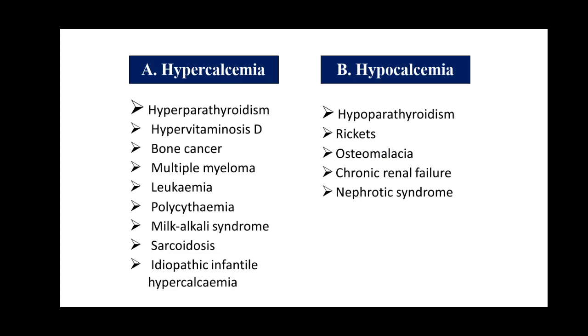So in hypercalcemia and hypocalcemia, if the level of calcium increases, it's called hypercalcemia. Where it decreases is termed as hypocalcemia. So there will be causes for hypercalcemia such as hyperparathyroidism, hypervitaminosis D, bone cancer, multiple myeloma, leukemia, polycythemia, milk alkali syndrome, sarcoidosis.